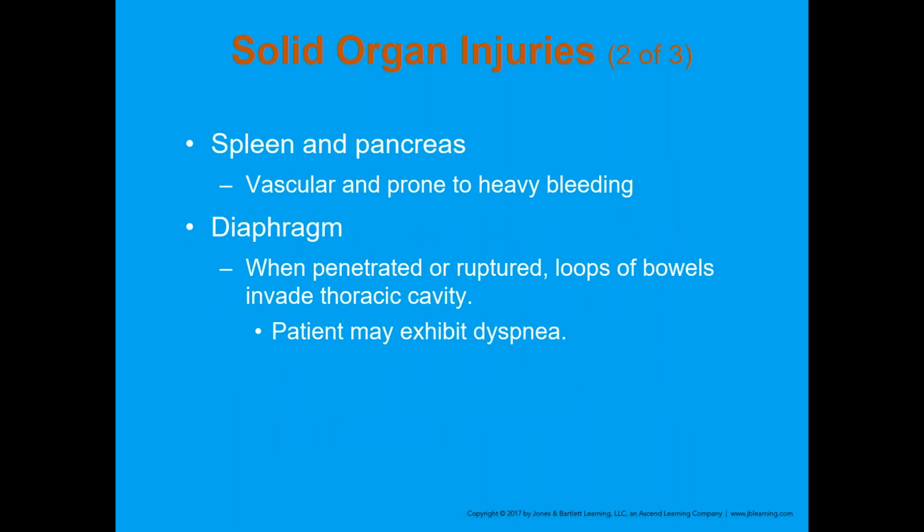Our spleen and our pancreas, very vascular, very prone to heavy bleeding. If the diaphragm is penetrated or ruptured, our patient is likely to have some complaints of difficulty breathing. Remember, the diaphragm, as much as it is the dividing line between thoracic and abdominal cavities, it is also one of the most integral parts of ventilation, the patient's ability to get gas from the inside to the outside.